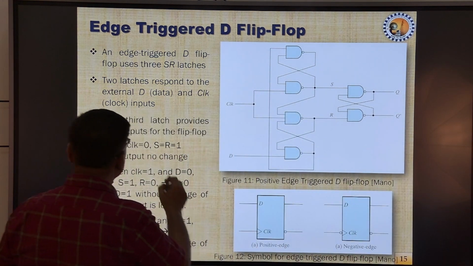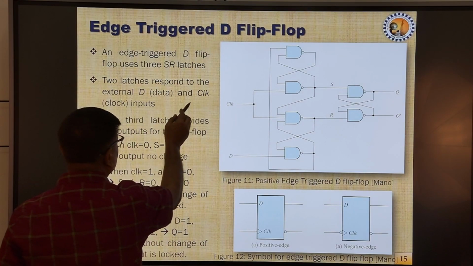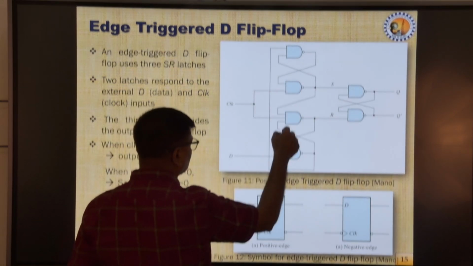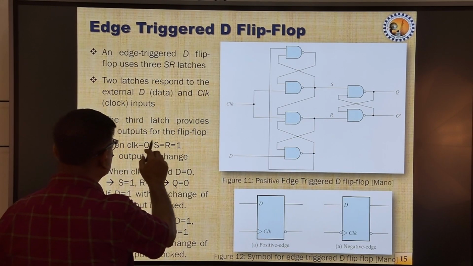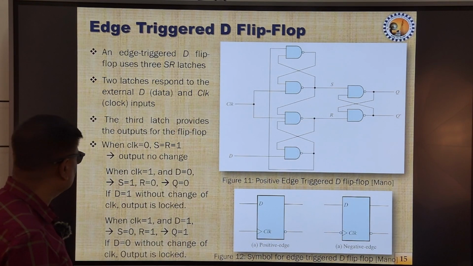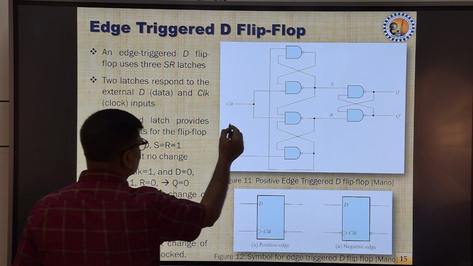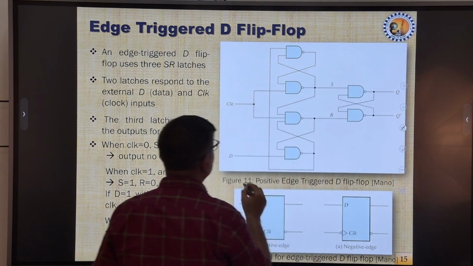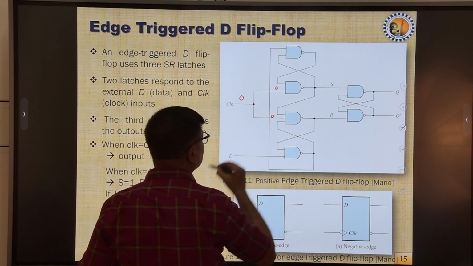The first two latches respond to the external data and clock inputs. As we can see, the clock input is connected to both of them and the D input is connected to the bottom latch, and the third latch provides the output of the flip flop. So when the clock is 0, let us assume that our clock is 0 at this moment of time. That will feed 0 to both the inputs.